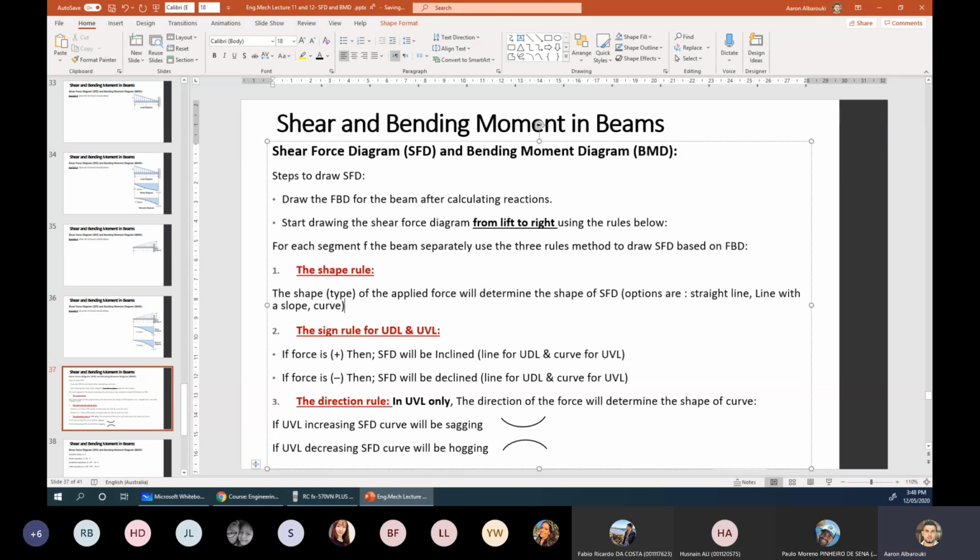These are the three options you've got from that shape rule.